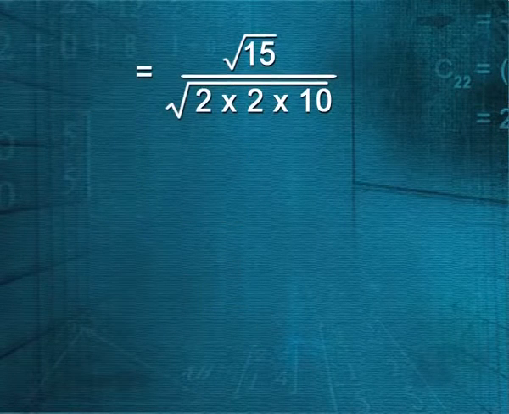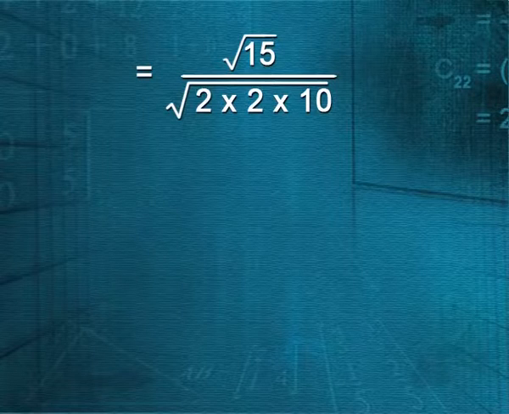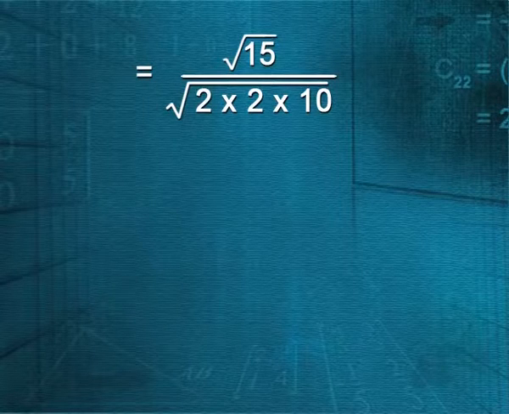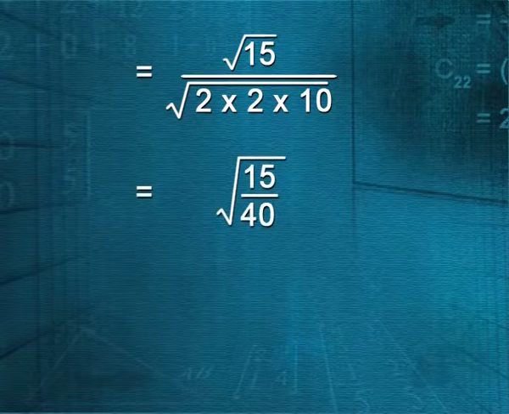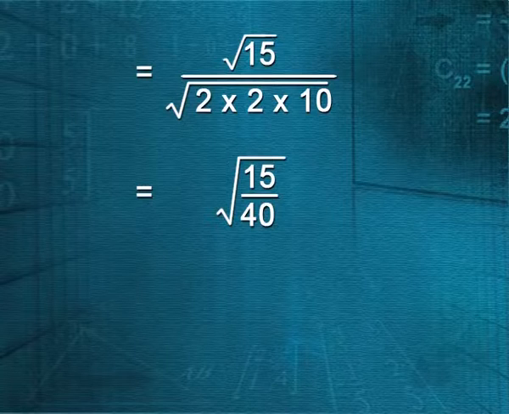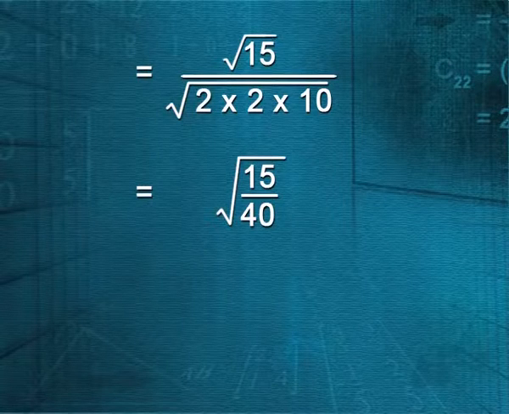Now, in the numerator you have root 15, in the denominator you have 2 root 10. You can take 2 inside the root by writing under root 2 into 10, which will give you under root 15 upon 40. Now, in the under root you have 15 and 40, and you know that 5 is the highest common factor between 15 and 40.